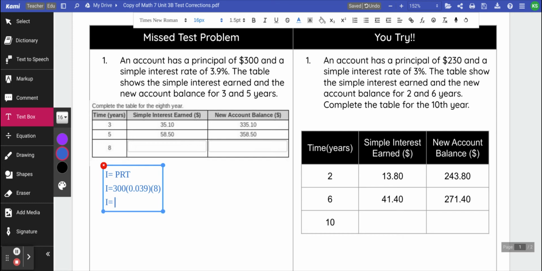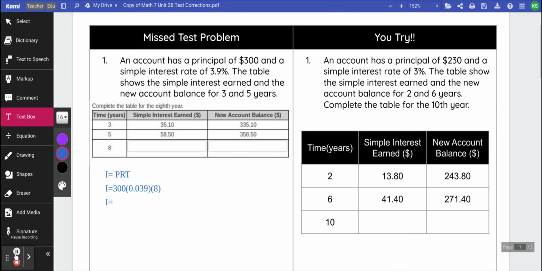So if we do that, we'll have 300 times 0.039, which let's multiply that out and I'm going to see what I get. So 300 times 0.039, which gets us 11.7.